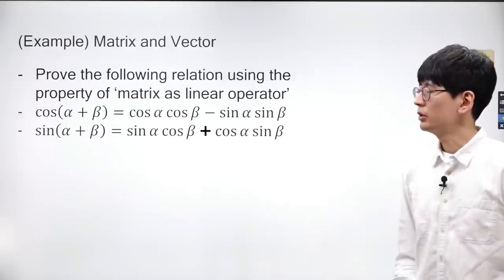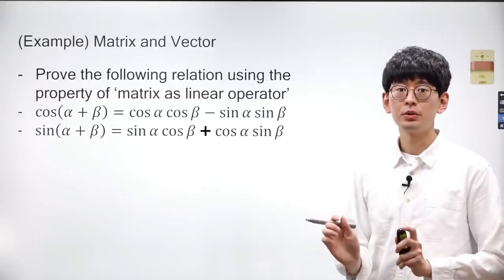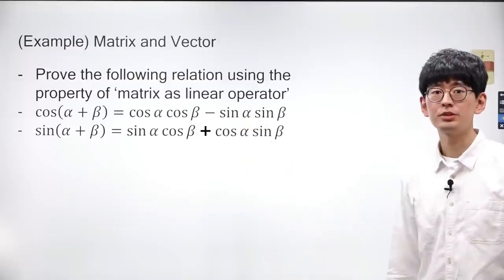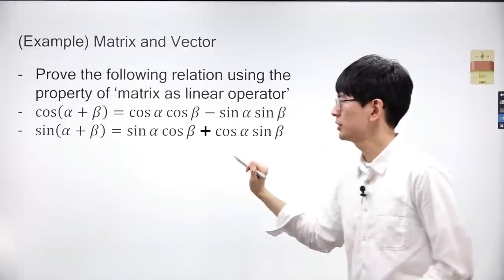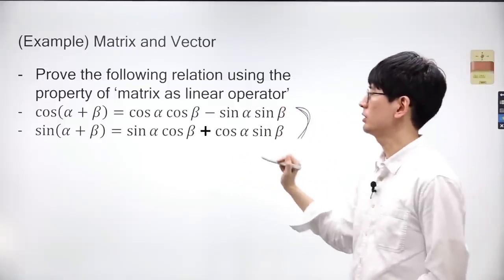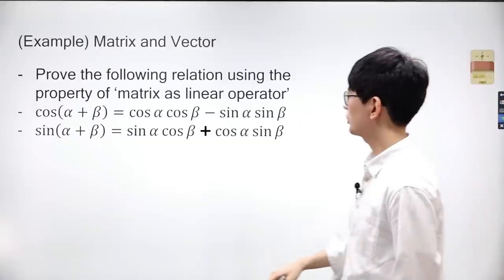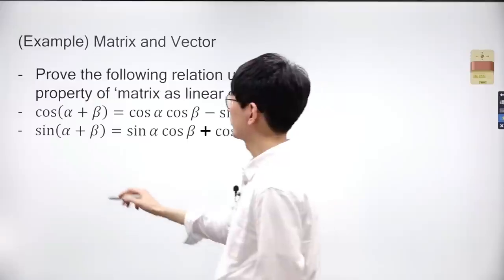Now, let's delve into the addition formulas for sine and cosine by using the transformation of a coordinate space. Some of you may already be familiar with these addition formulas, which facilitate the calculation of sine and cosine for sums or differences of angles. Let's explore how these formulas can be explained within a coordinate space.